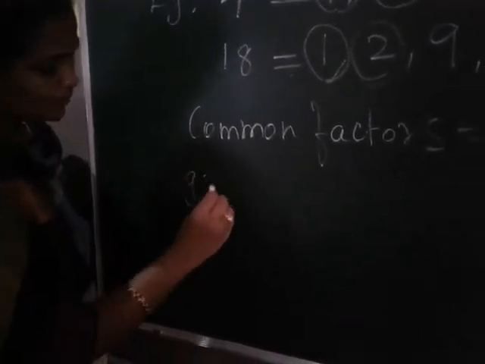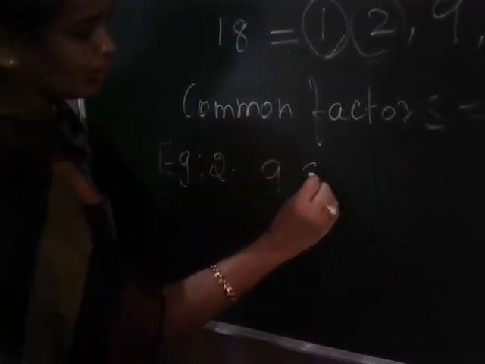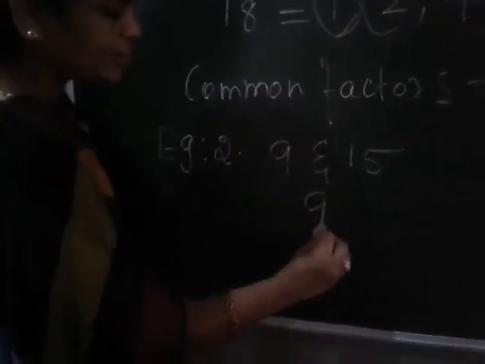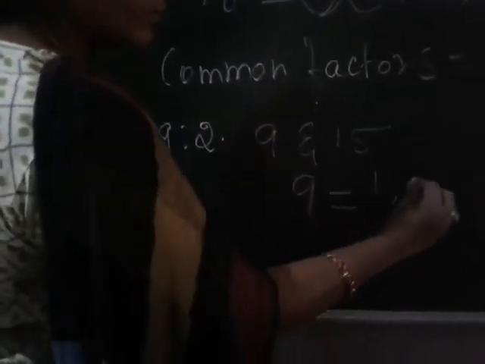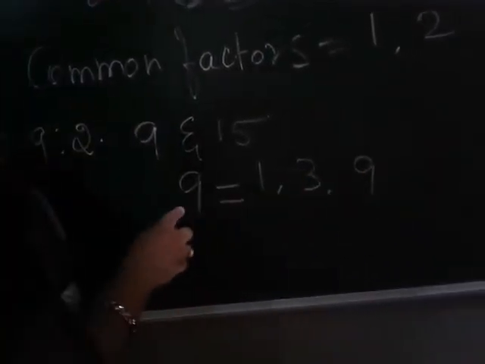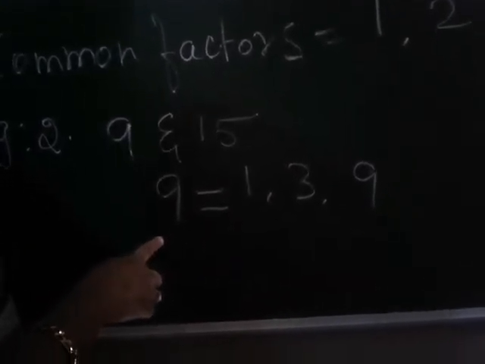Example number 2. You want to find the common factors between 9 and 15. What are the factors of 9 children? 1, 3 and 9, correct? 1 nine is 9, 3 threes are 9, 9 ones are 9.